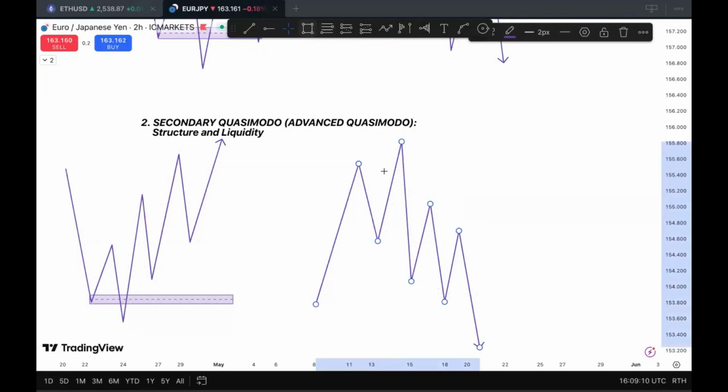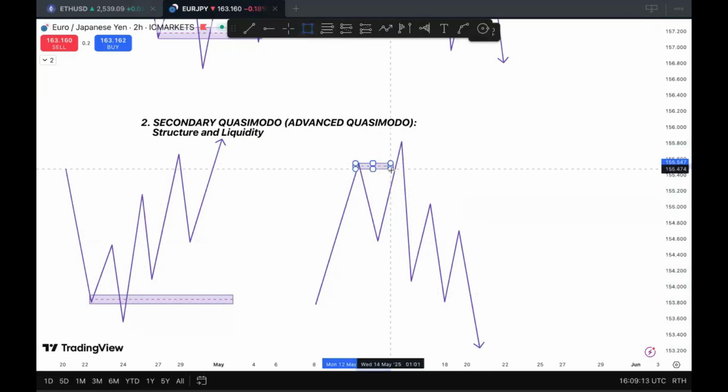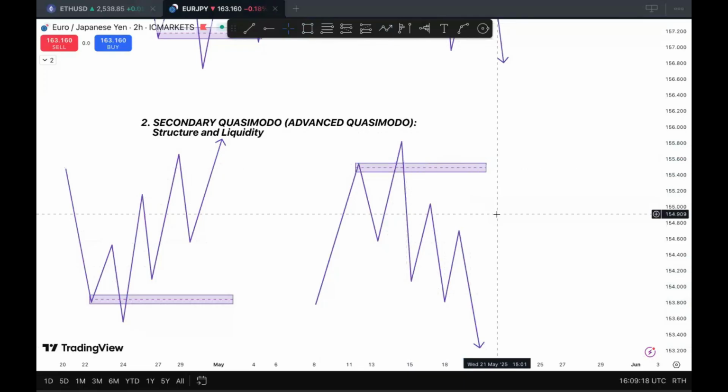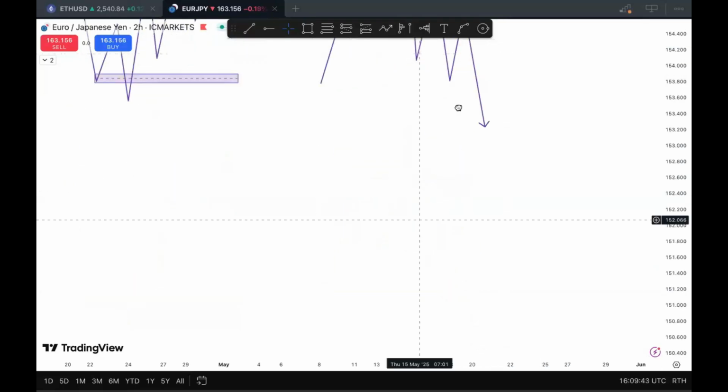This is the secondary Quasimodo, and this is what we trade. We trade the secondary Quasimodo, which is called the Advanced Quasimodo. For the Advanced Quasimodo, you need liquidity to trade it. But the primary does not require liquidity to trade, and we don't trade the primary Quasimodo. Take note of that.